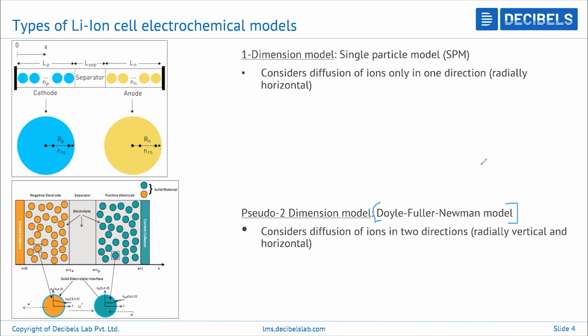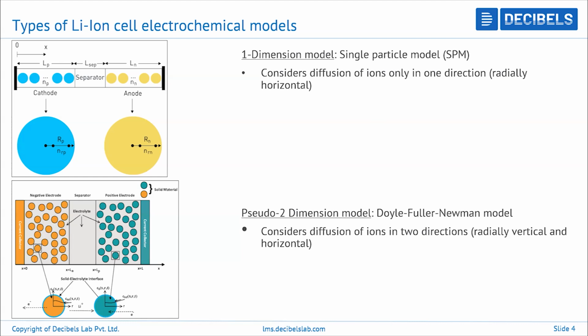So what is a quick overview of this? What exactly is the first order model, or the single particle model? Basically, the behavior of ions is considered only in one direction. We know that in lithium ion cells, the ions are transferred between cathode and anode, or anode to cathode.